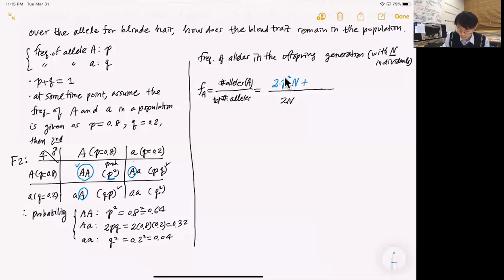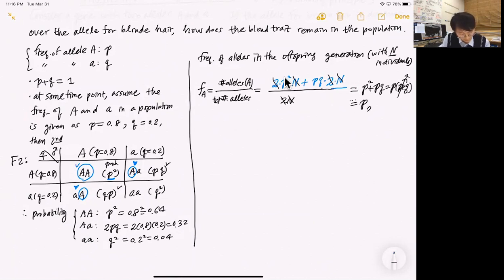And the other group has 1 allele A each, with probability PQ, but there are 2 of these groups, times the individual number n. Let's calculate: we can cancel out the n and the 2. That is P squared plus PQ, or P times (P plus Q), which is 1. And so the result would be P.